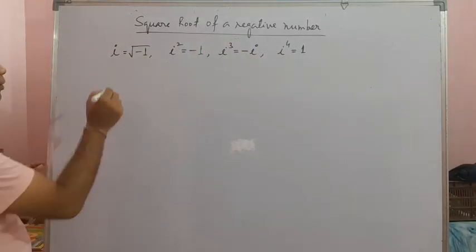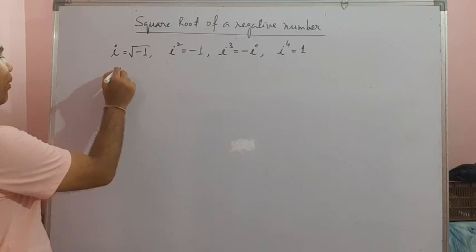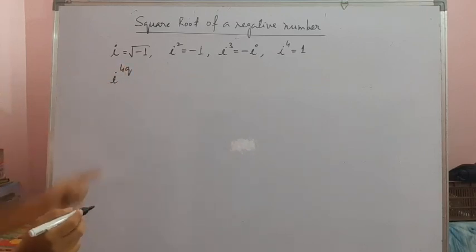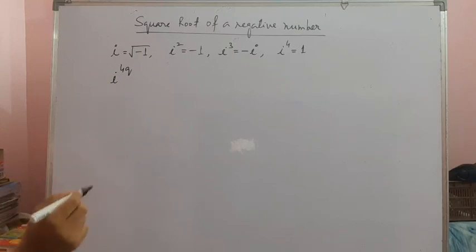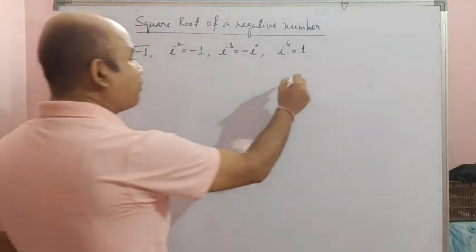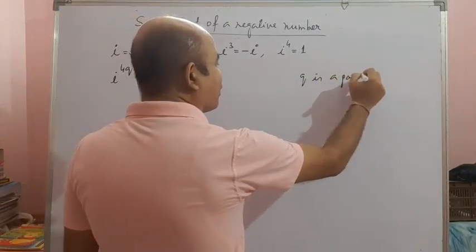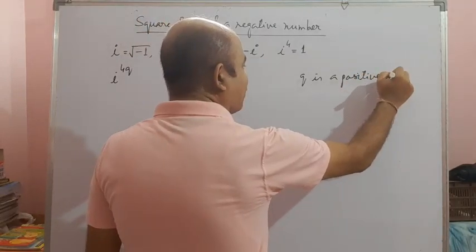Now suppose we want to find out i to the power of a multiple of 4, say 4q, where q is a positive integer.